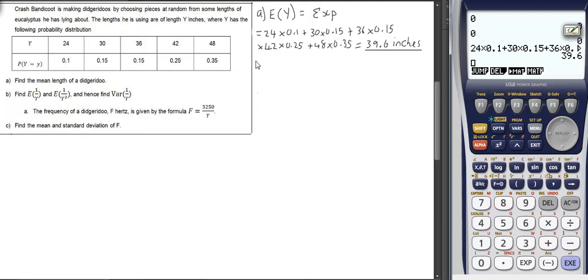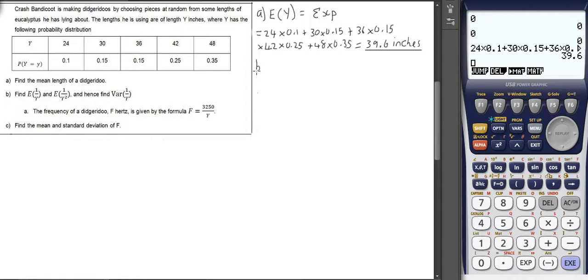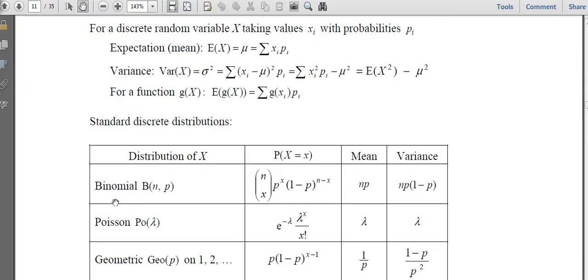So B, we want E of 1 over y, E of 1 over y squared, and they're both needed to find the variance of 1 over y. So E of 1 over y first. Now again, I'm just going to remind you of what's in the formula book, page 11.